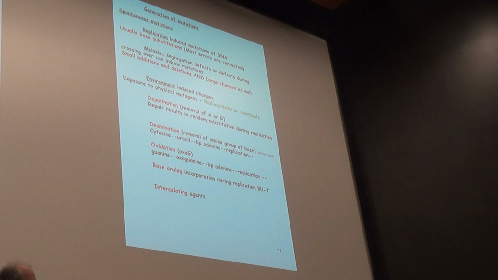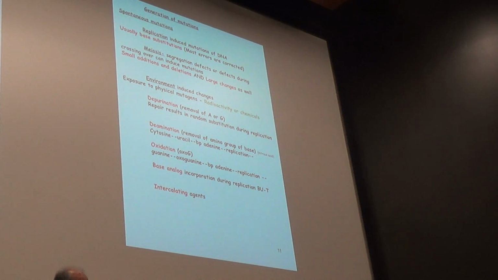All I want you to remember is that these mutations lead to changes in the sequence of the DNA. You don't have to remember what is depurination, what is deamination, oxidation, what's a base analog, and what's an intercalating agent. The important thing is when you have these things happening, you either insert a nucleotide, you substitute a nucleotide, you delete a nucleotide. Any of those things can happen. You break the DNA, all of these can happen.